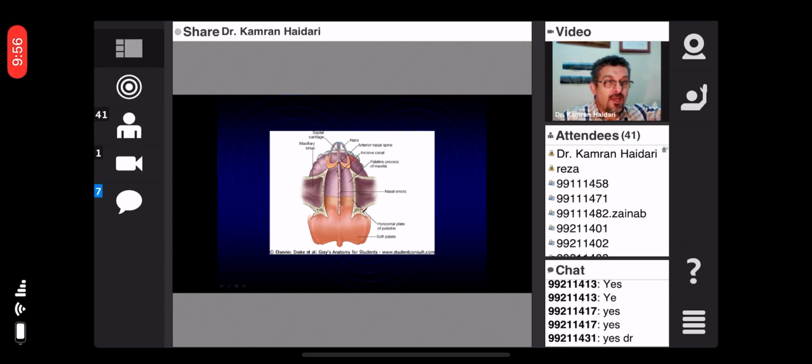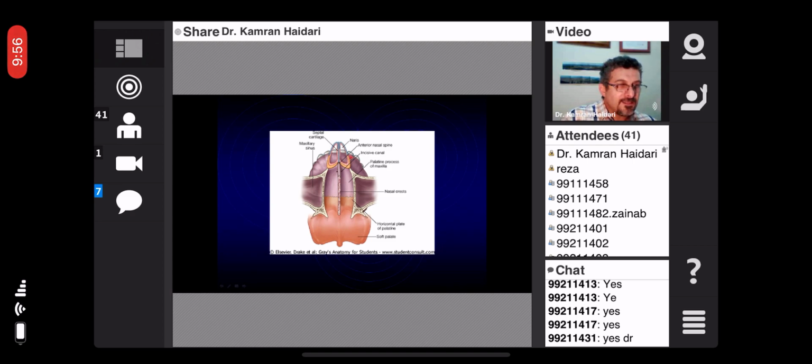In this picture, this is the horizontal section of the nasal cavity, and the maxillary sinus inside the maxilla. This is the floor of the nasal cavity, and this is the remaining part of the nasal septum.